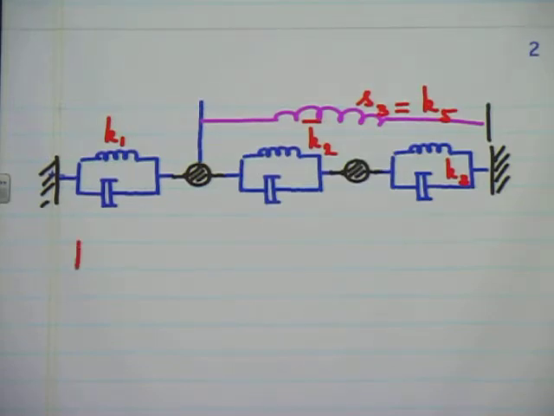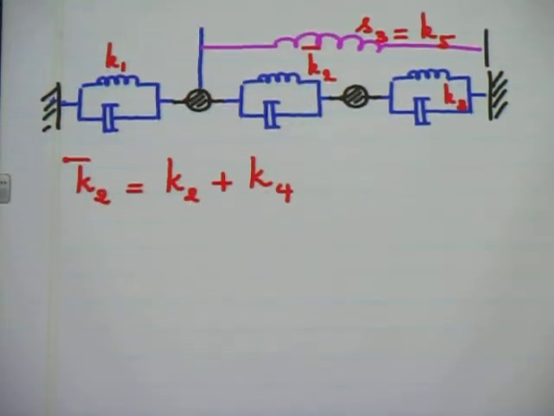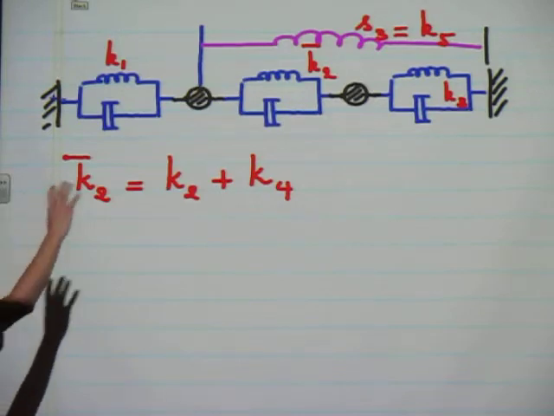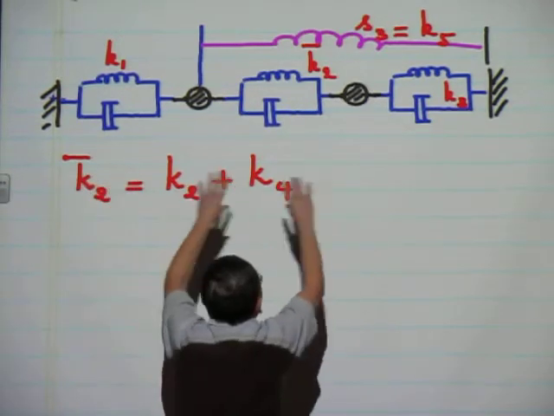Such that K2 bar is equal to K2 plus K4. That's it. All right, so now we almost get the equation of motion. So the equation of motion is the same as what you saw for the three elements in series, right?